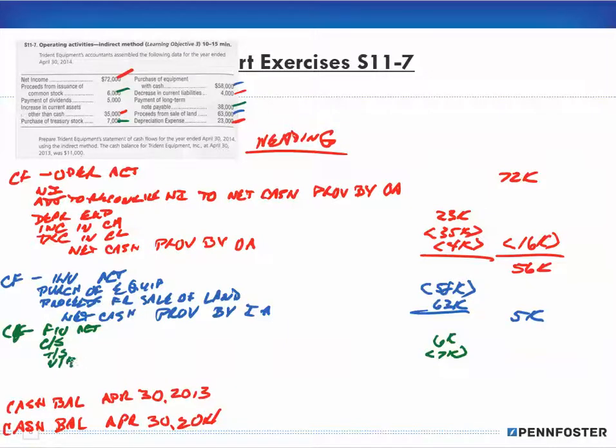So we have our notes payable, and our notes payable is $38,000. We're paying that off, so that's money going out. And then we also have a payment of dividends of $5,000. So our net cash provided by financing activities is going to be negative $44,000.